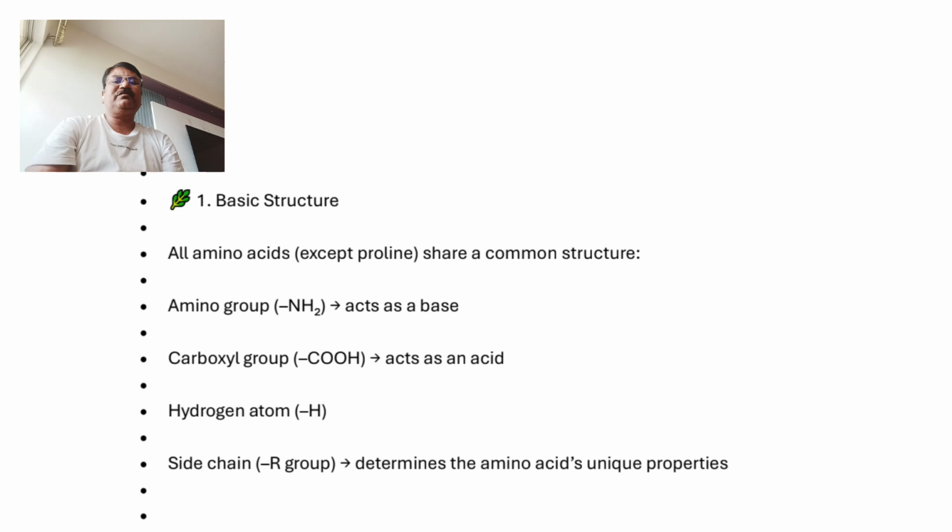see its basic structure, that is all amino acids except proline. The common structure contains an R group as a side chain, and NH2 group working as a base, carboxylic acid group acting as an acid.